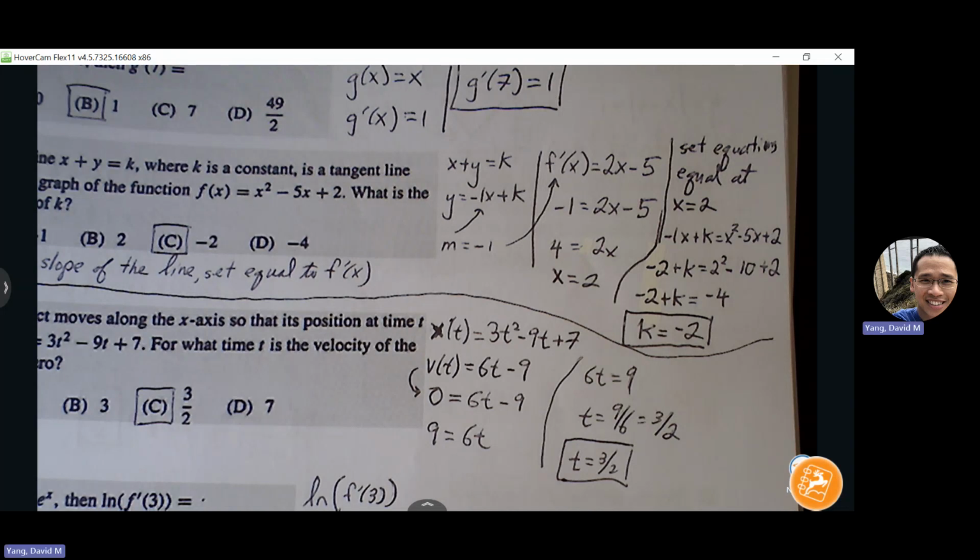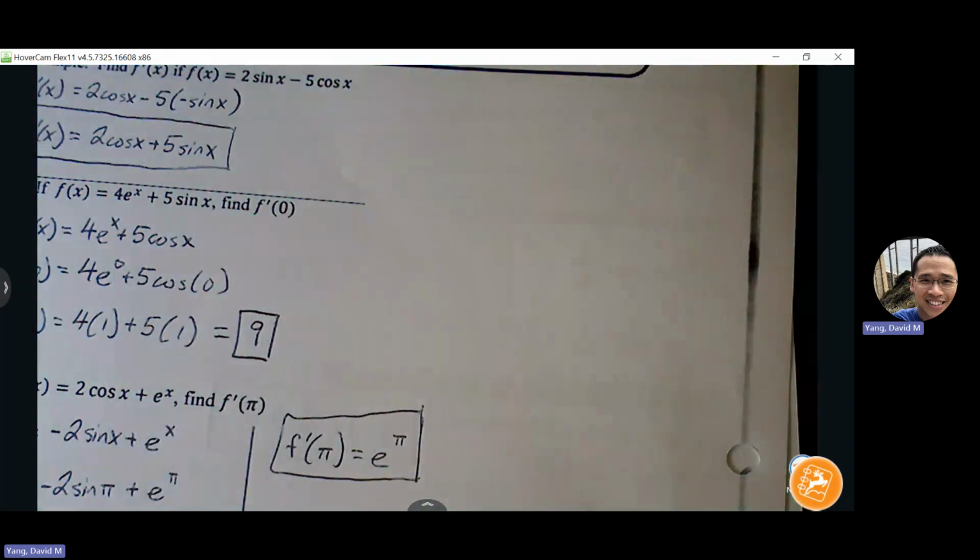Number 11. That's a sharp turn. So I set f prime to this. Why can't they just say that? Okay, I think you can then look at that intersection.